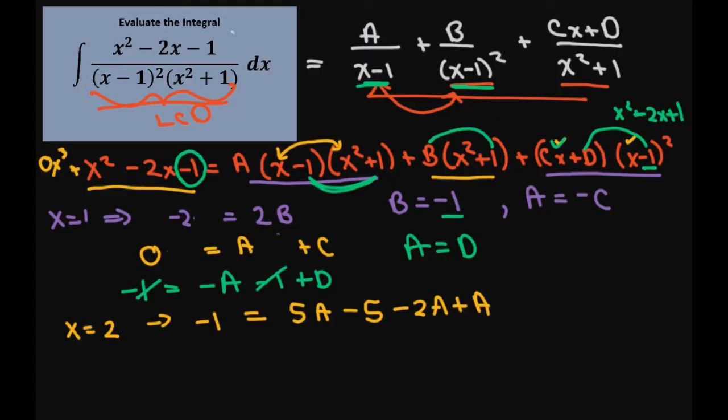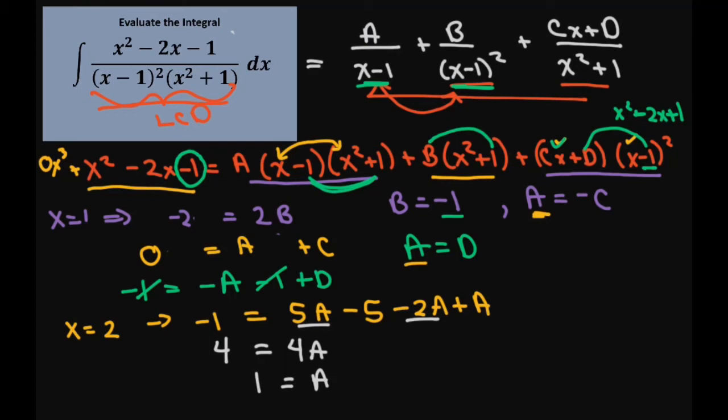So I'm just writing everything in terms of A here. Now, let's see what that's going to give you. That's going to give you 5A minus 2A plus A. So if I add 5, you get 4 equals 4A. So A equals 1.